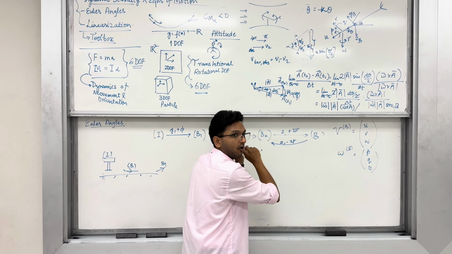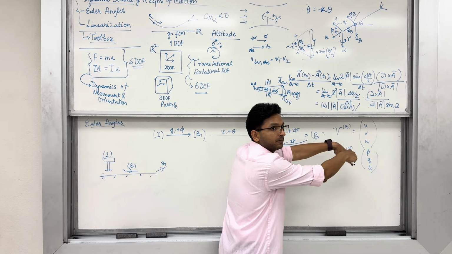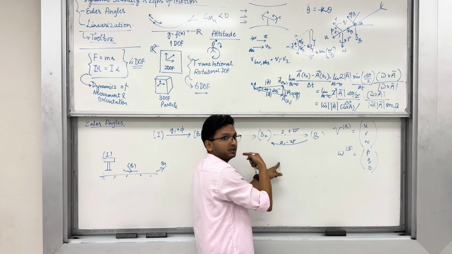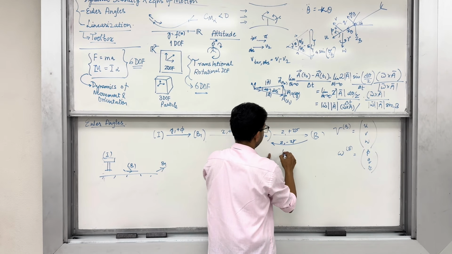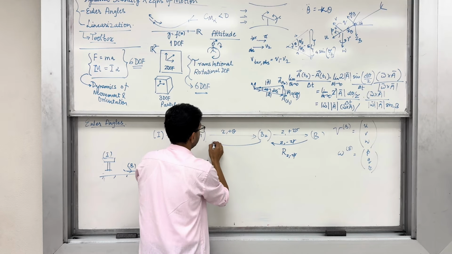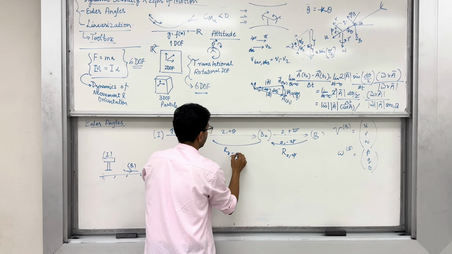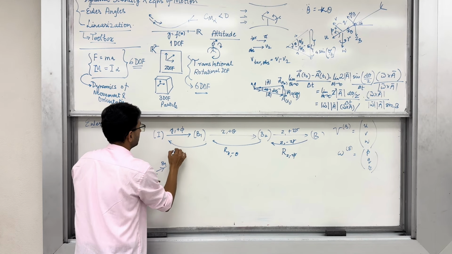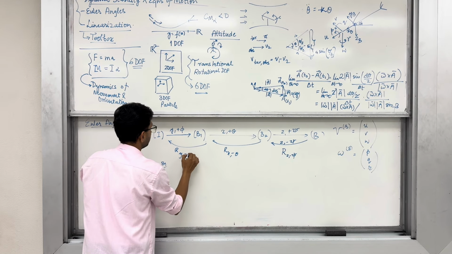So, it will go through the opposite order of rotation matrices, but now I am sending the information back. So, this will be rotation about z with minus psi, this will be rotation about x with minus theta, this will be rotation about y with minus phi.